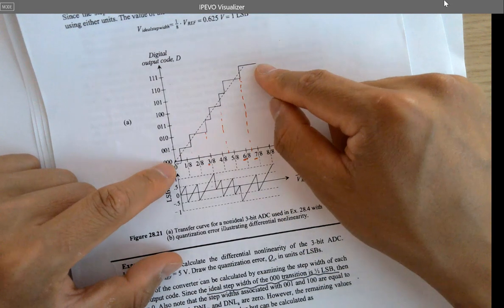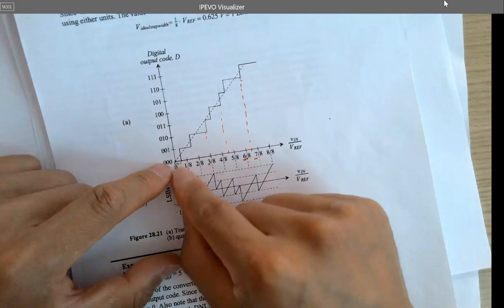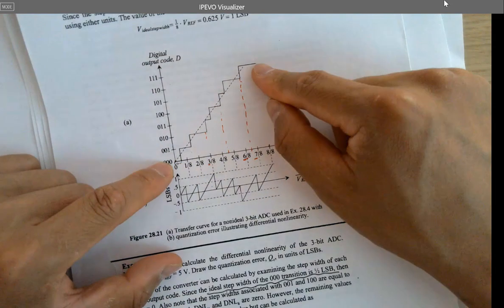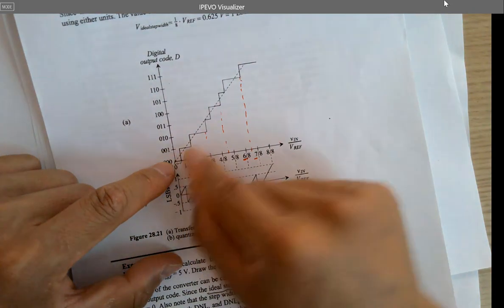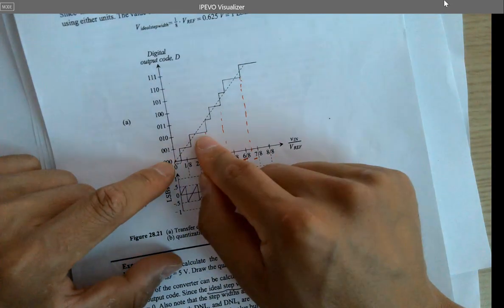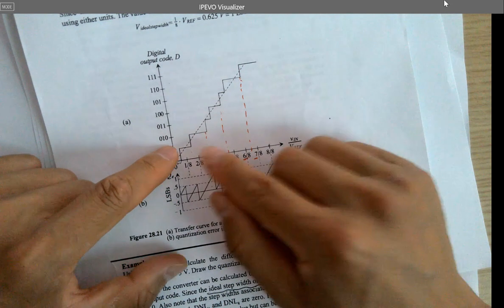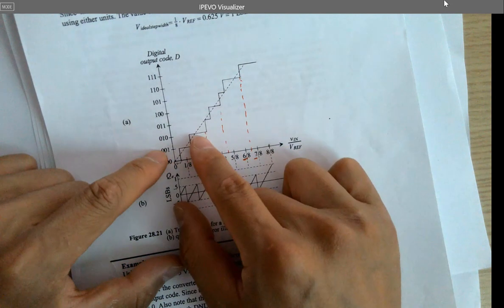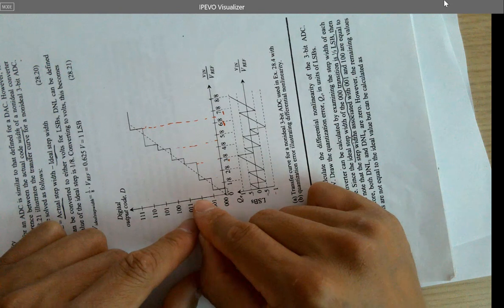Just keep in mind when you are subtracting that from the real one. This one looks normal, this one looks normal, and this is 1 LSB, looks normal, and this doesn't look normal. This larger one, I actually recommend you rotate it and look at it from here, like the DACs.